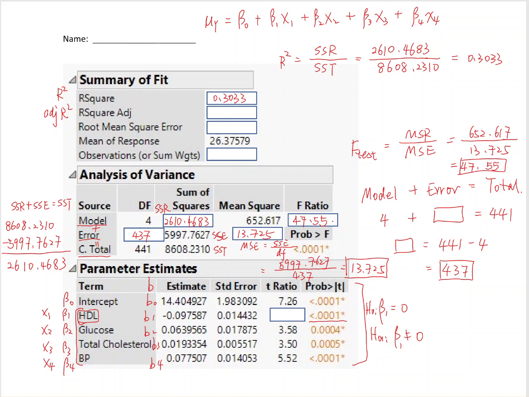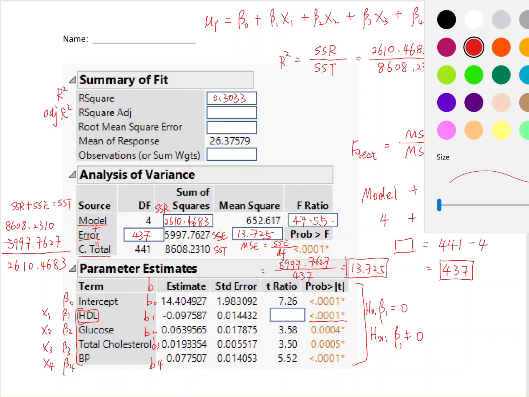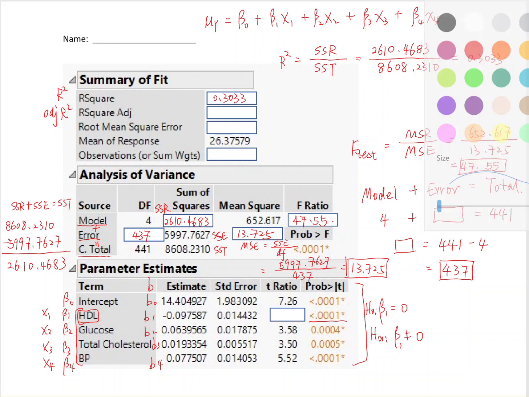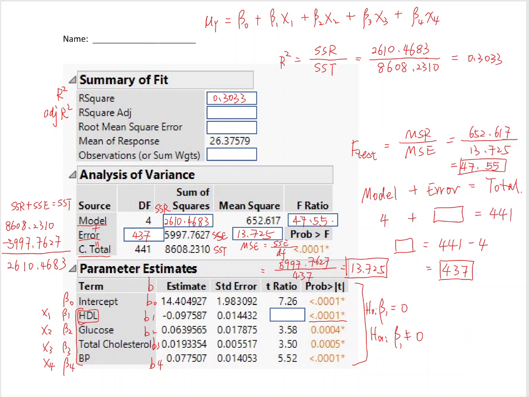So let me change to another color to make it clear. Okay, so adjusted R square also has its own formula, right? So we say adjusted R square equals 1 minus (1 minus R squared) times (n minus 1) divided by (n minus k minus 1), right?